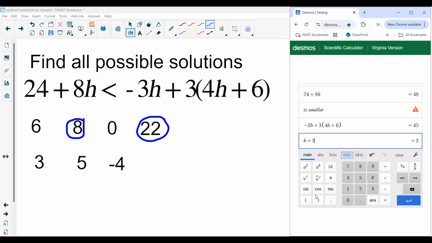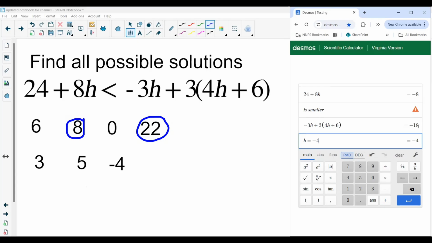Let's try 3. 48 is smaller than 45. Nope, not true. 5. 64 is smaller than 63. Nope, not true. -4. -8 is smaller than -18. Nope, not true.